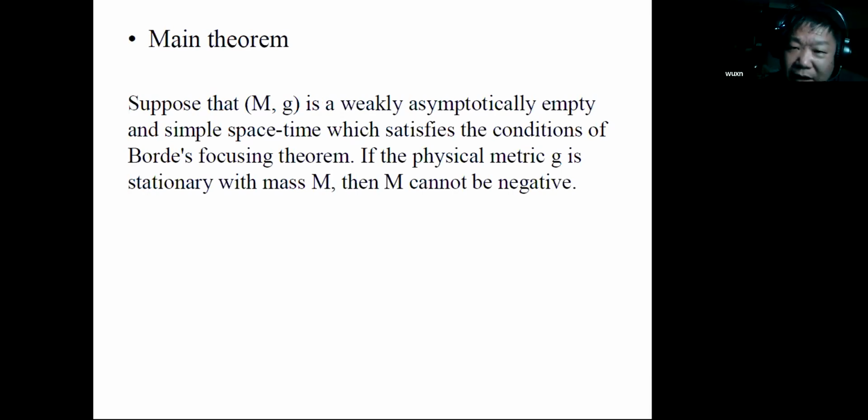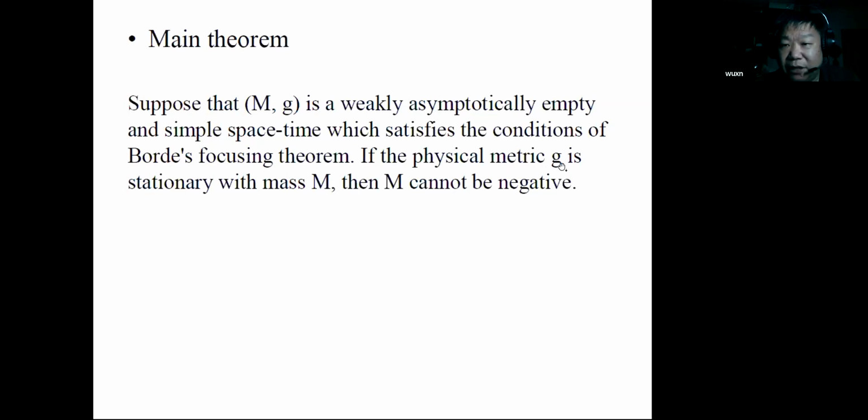It's only in the neighborhood of spatial infinity that the null geodesics will be complete. And such spacetime satisfies all the conditions of Borde's focusing theorem. Borde's focusing theorem is very important for our proofs, so we need all these conditions.